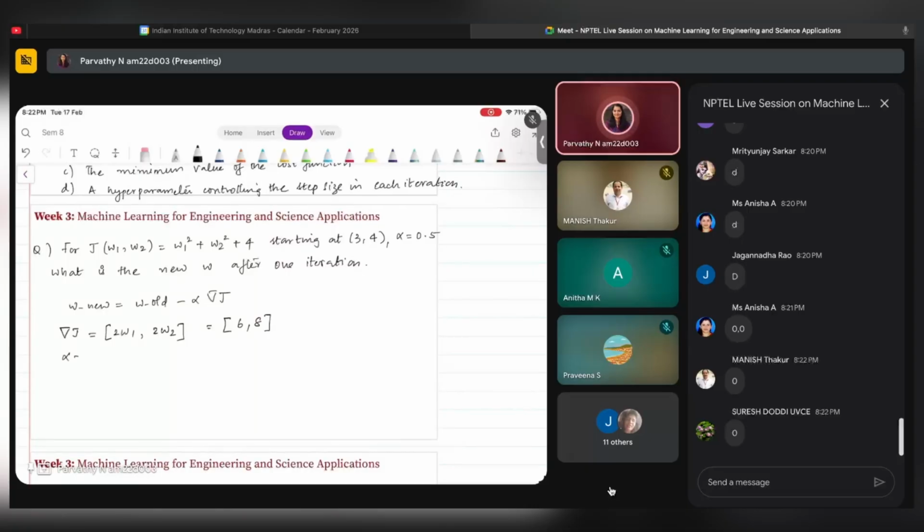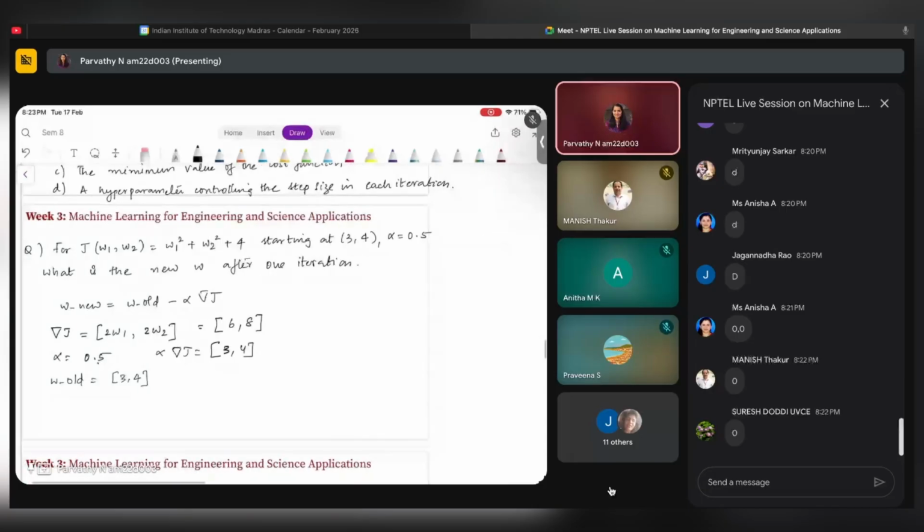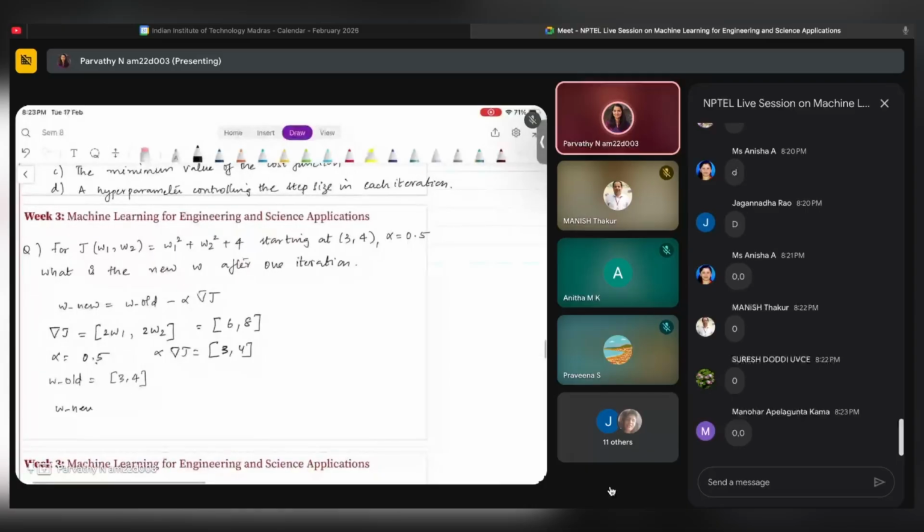Now alpha is 0.5 and w old is 3, 4. So alpha times the gradient is 3, 4, because 0.5 into 6 is 3, 0.5 into 8 is 4. So w new is 3, 4 minus 3, 4, which is 0, 0.